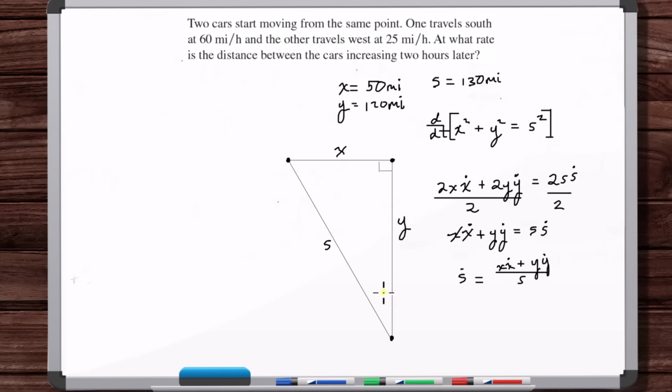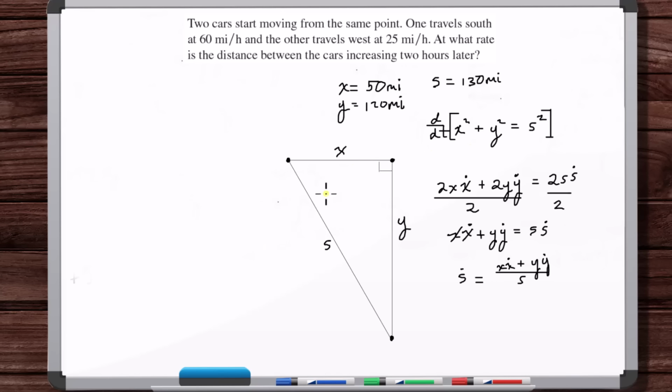Well, for the method that they use in the book, the method that I've gotten comfortable with, you look at your formula that relates the variables. So it was x squared plus y squared is equal to s squared. Hone in on that formula. Put a magnifying glass on that formula. What is that? That's the relationship for the sides of a right triangle.